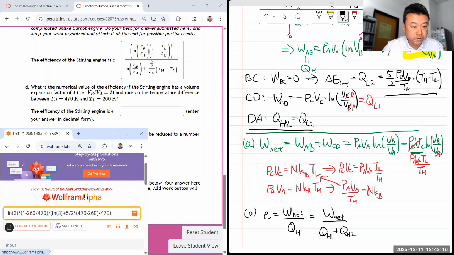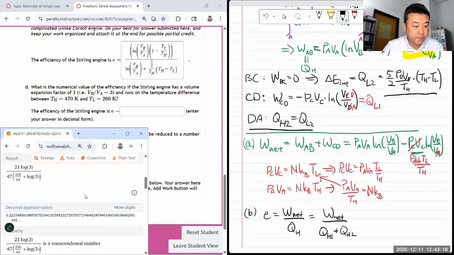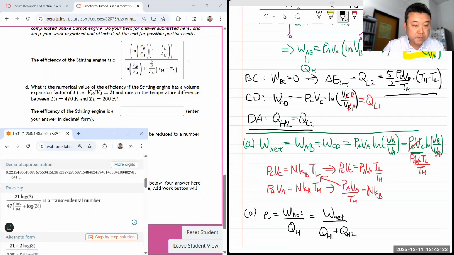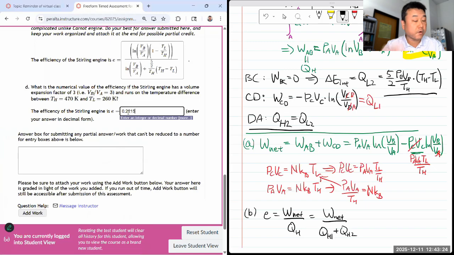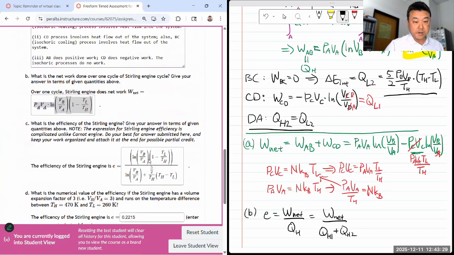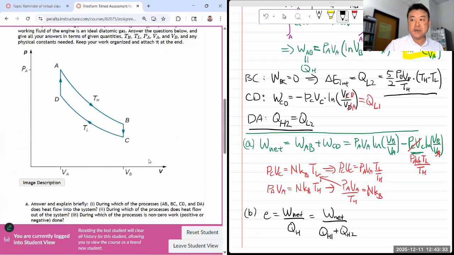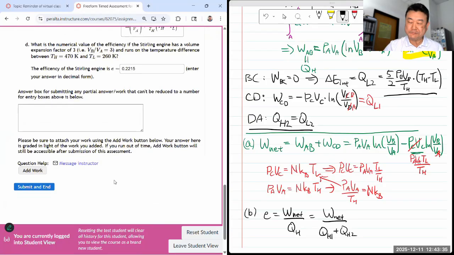That should give me a numerical decimal form. Okay, so 0.2215, or 22% efficiency. I think that's right. Let's hope I didn't make any mistakes. If I did, I'll show you the answer key.